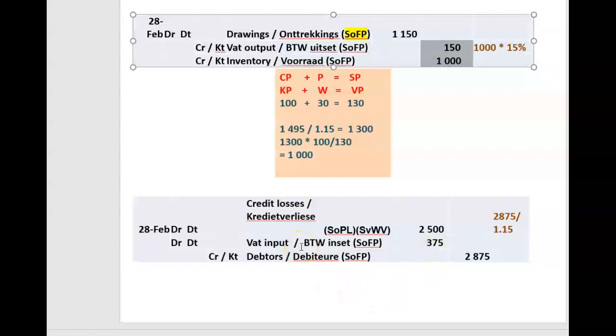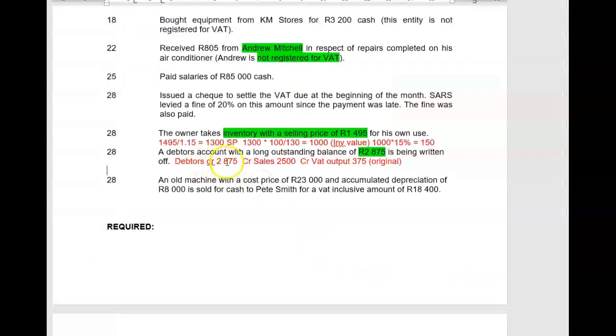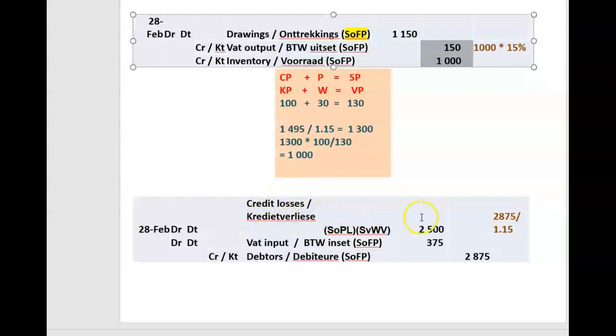Guys, the golden rule is if I debit a VAT account, it's input. If I credit a VAT account, it's output. And then I'm going to credit my debtors account in order to clean out that original debit balance. I'm going to credit it now so that I can take it out of my books. So debit an expense account 2,500, debit VAT input 375, and credit debtors with 2,875.